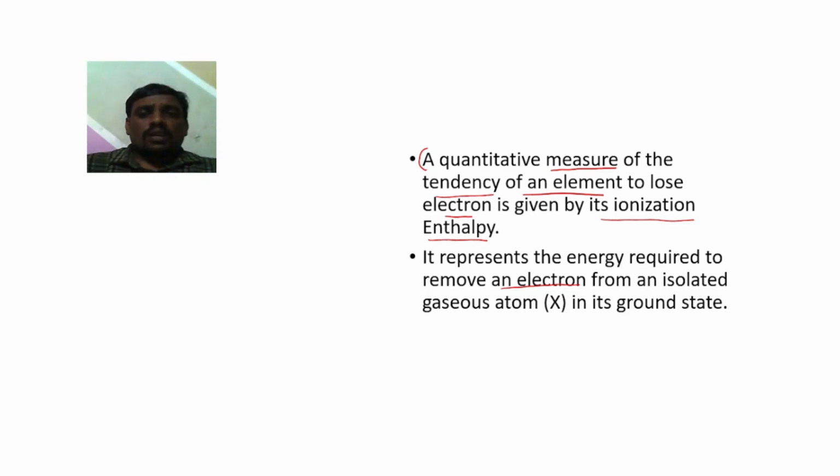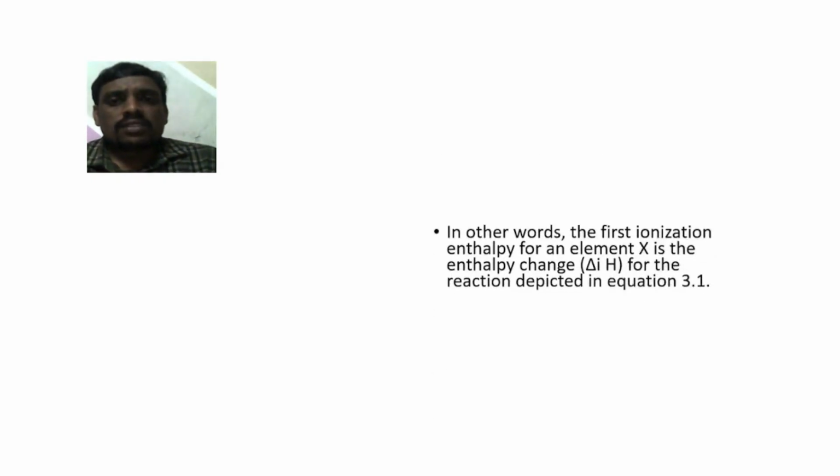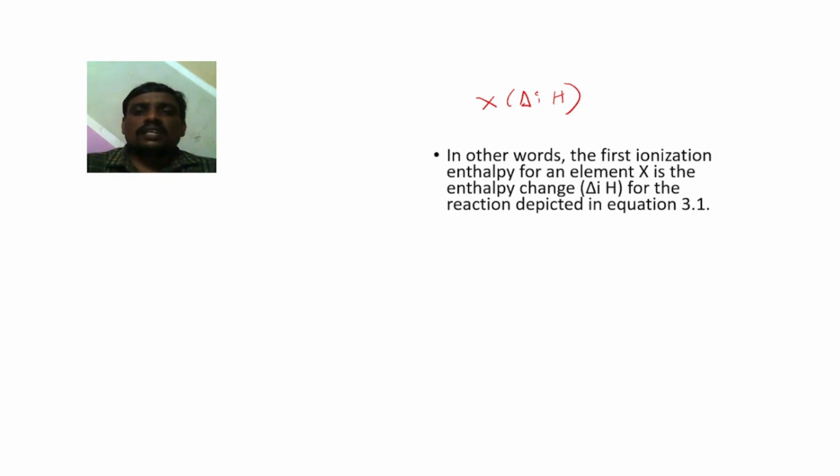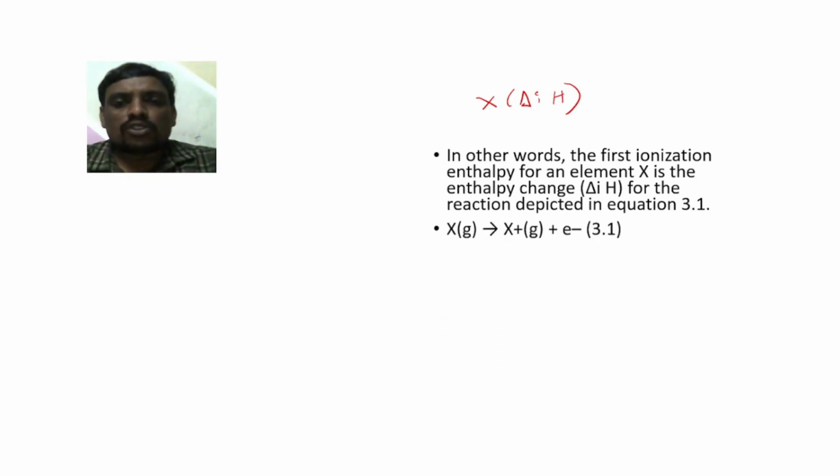Consider an isolated gaseous atom X in its ground state. The first ionization enthalpy for an element X is the enthalpy change, delta IH, for the reaction depicted in equation 3.1, which I will show you.